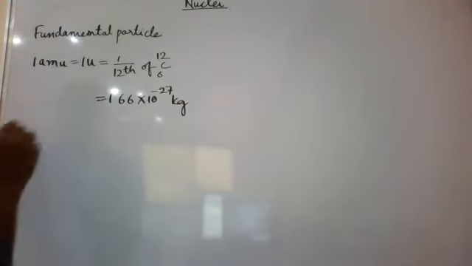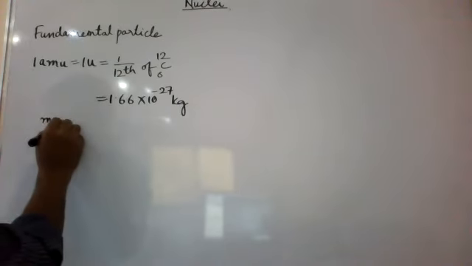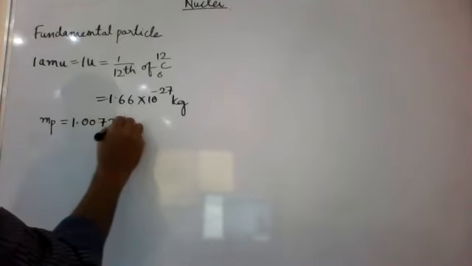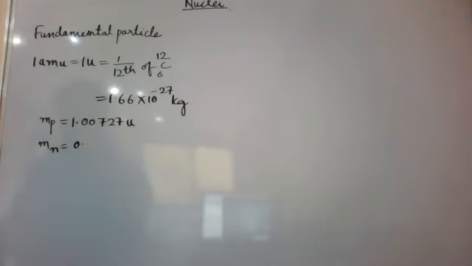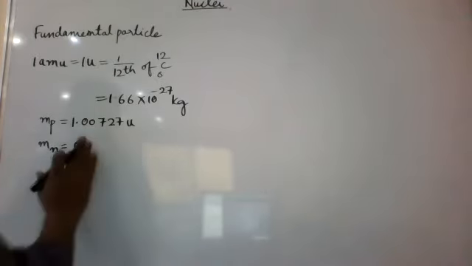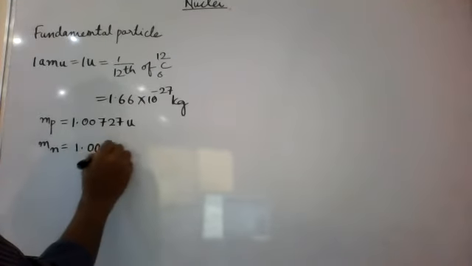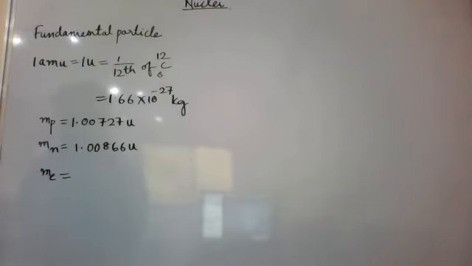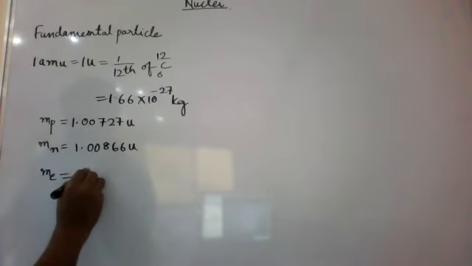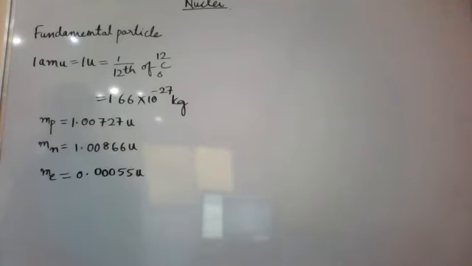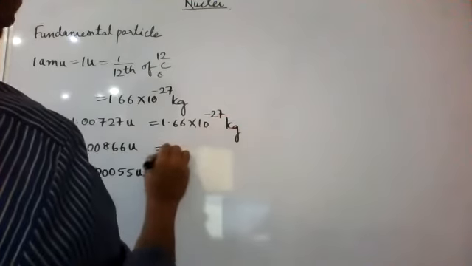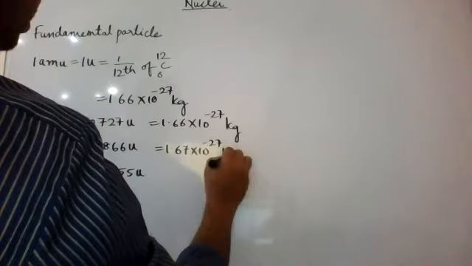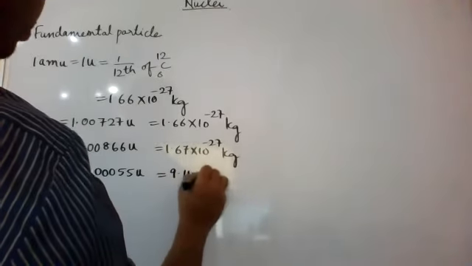When we are comparing, the mass of proton will be equal to 1.00727 u, and the mass of neutron is 1.00866 u, and the mass of electron in terms of atomic mass unit is 0.00055 u. Now in kilograms, the mass of proton is 1.66 into 10 to the power of minus 27 kg, mass of neutron is 1.67 into 10 to the power of minus 27 kg, and mass of electron is 9.11 into 10 to the power of minus 31 kg.